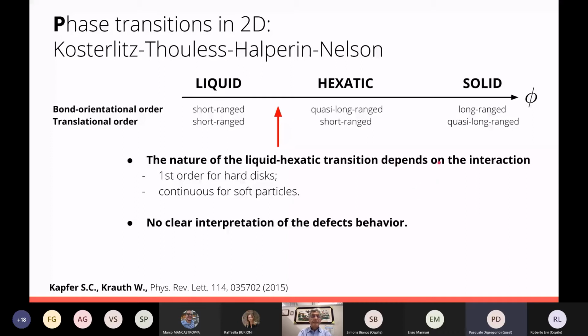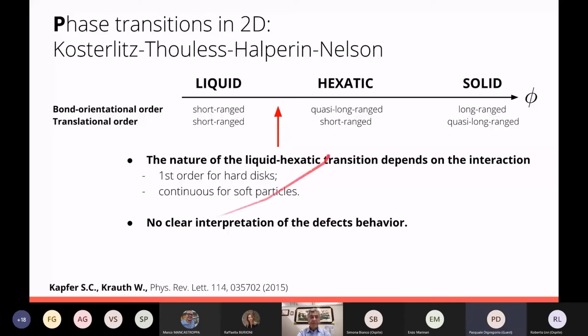In particular, it has been shown that moving from the hard disk limit, where the hexatic-liquid phase transition is a first-order phase transition, we have a crossover between a first-order phase transition and a continuous phase transition as we move from the hard disk limit towards systems where the interaction between particles is more soft.